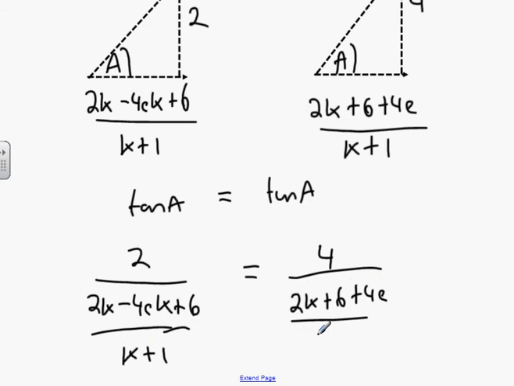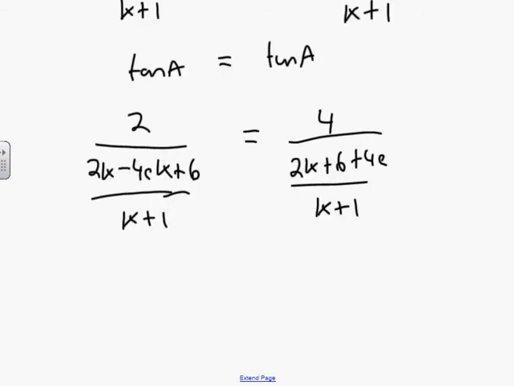Now there's a lot of striking off to be done. What can I do with the k plus 1s? I can cancel them, or if you're really pedantic about it, you could bring it to the top and say that one k plus 1 goes there, the other k plus 1 technically goes up there, and now they cancel each other anyway. So do whatever you want.